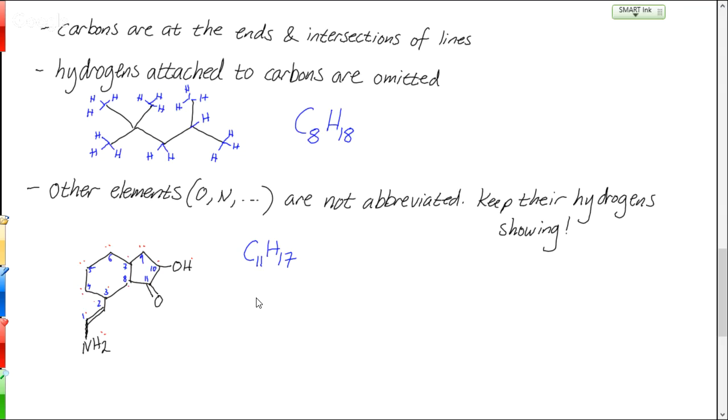And then we have a molecular formula, so we need to include all the atoms. So let's put the N and the O's in there too. Show there's 1 nitrogen and 2 oxygens. So that would be the full molecular formula that we found from the line structure.